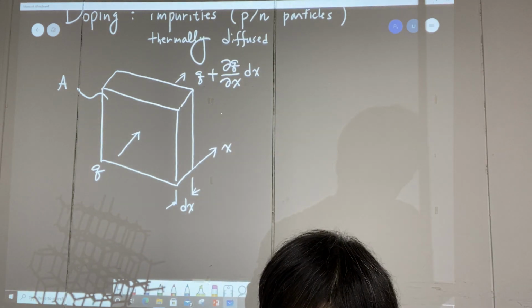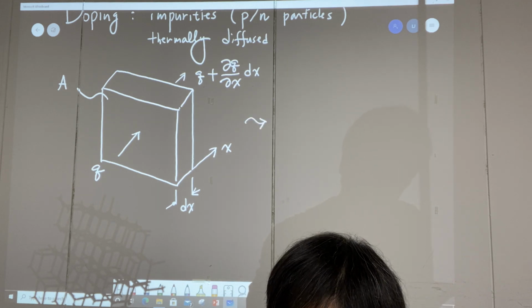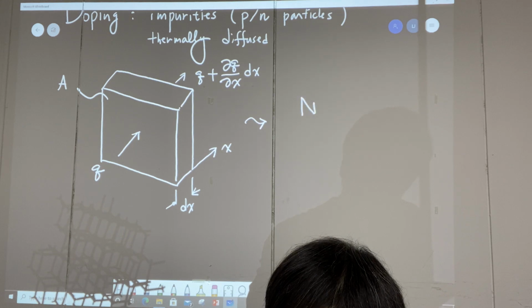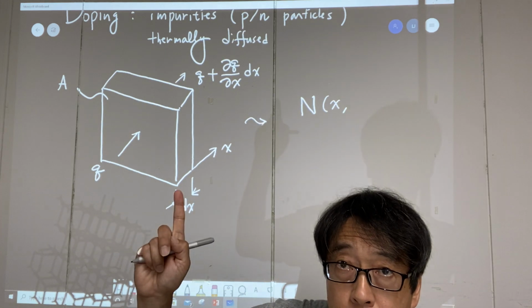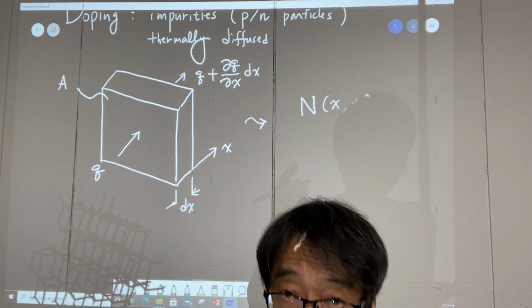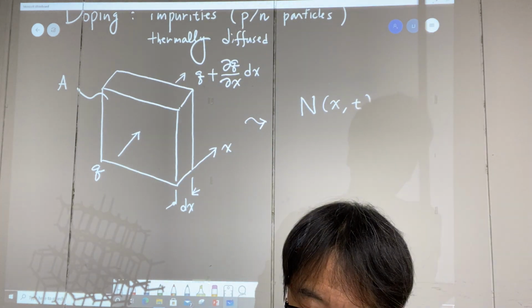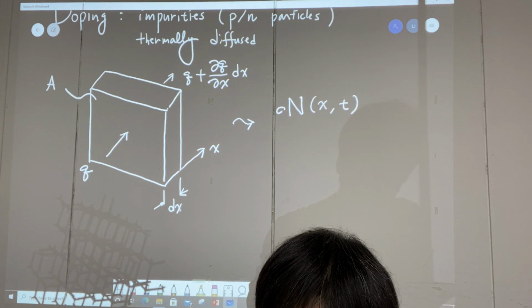So here, because of this difference, the concentration will be a function of not only the space coordinate x, but also time. As I said, it's not a steady state problem anymore. So it will be partial n.